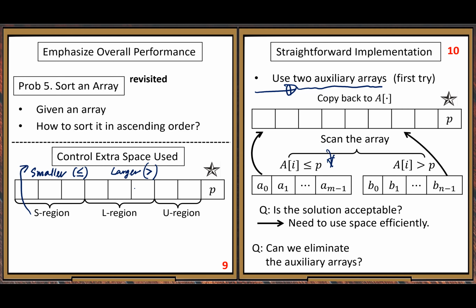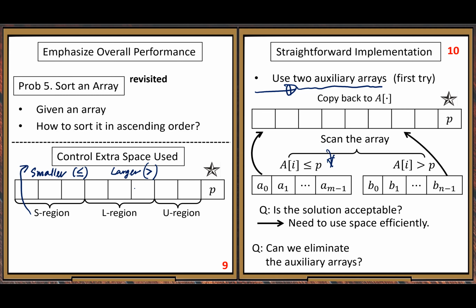I call it U region, unprocessed, because some of the elements we haven't scanned, we haven't processed, so we leave them in that U region, for our discussion purpose.